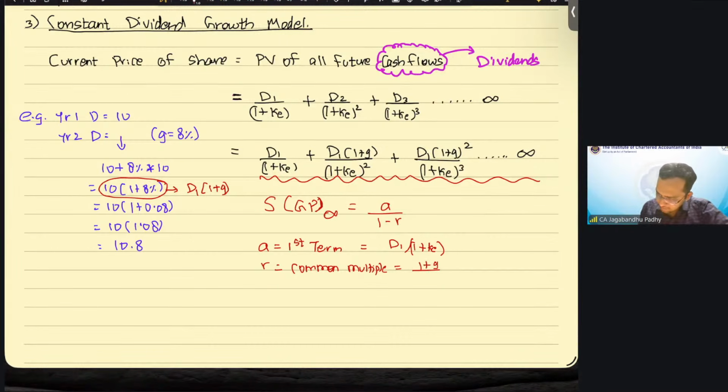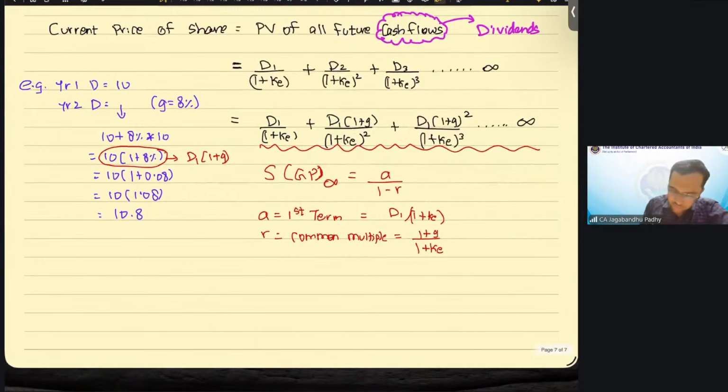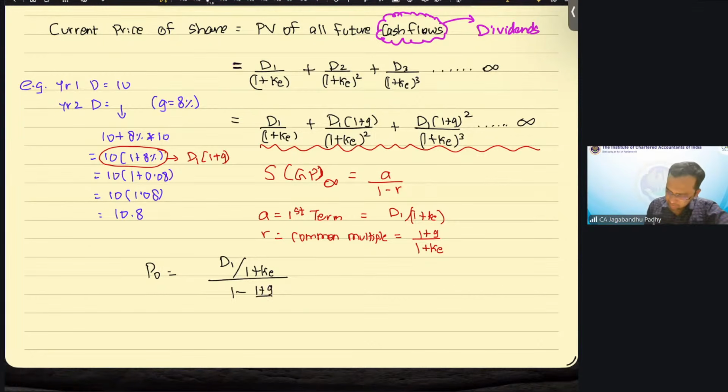It is 1 plus G upon 1 plus K. Every time, it's getting multiplied by 1 plus G upon 1 plus K, and over here also it's getting multiplied by 1 plus G upon 1 plus K. So we get this series. Now finally we can say the price of the share should be A upon 1 minus R. So A is D1 upon 1 plus K, and the whole thing is divided by 1 minus R, which is 1 minus 1 plus G upon 1 plus K.